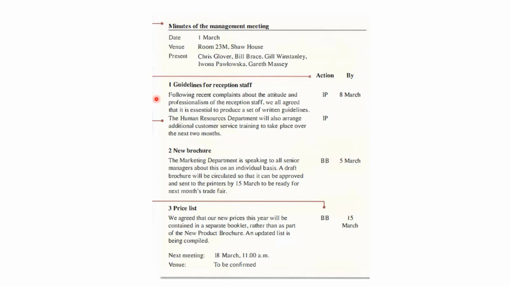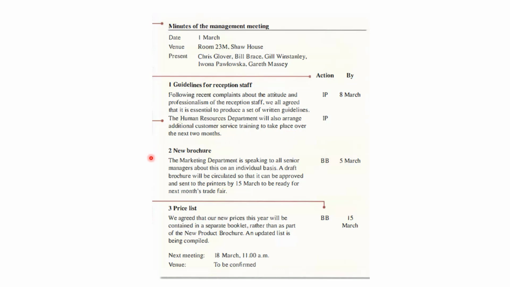Here you can find some formal nouns like complaints, attitude, professionalism, and of course the names of the departments. We have also training and guidelines. And for the formal verbs, we can find agreed, arrange, and take over.